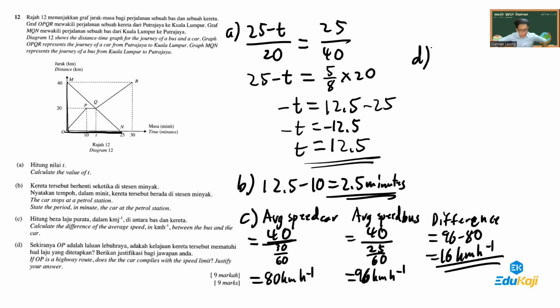And part D, if OP is a highway route, does the car comply with the speed limit? So we find the speed for OP.